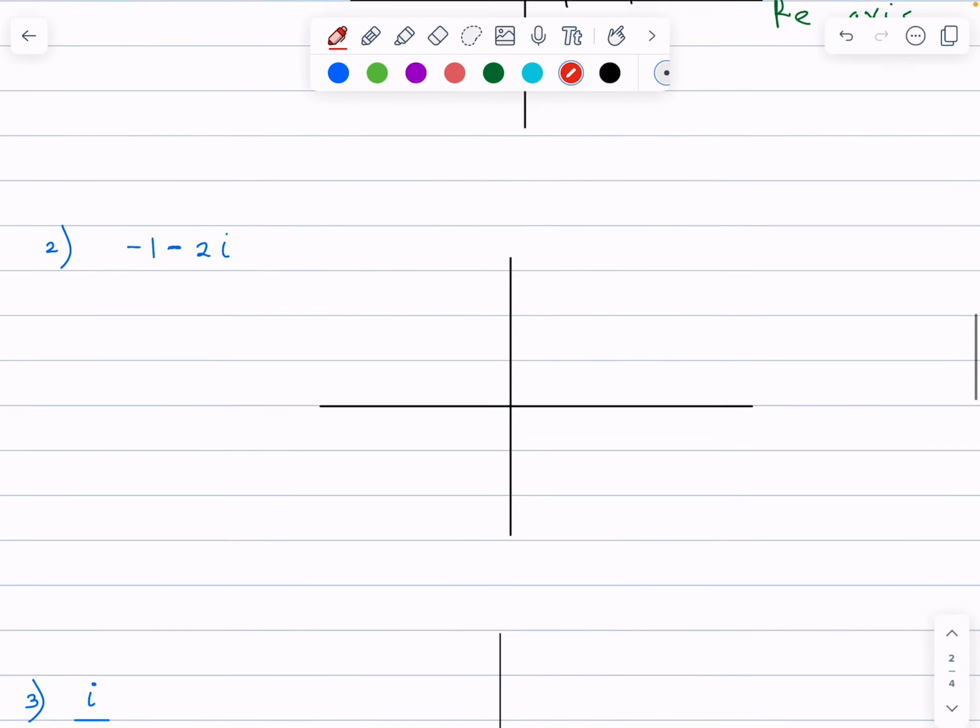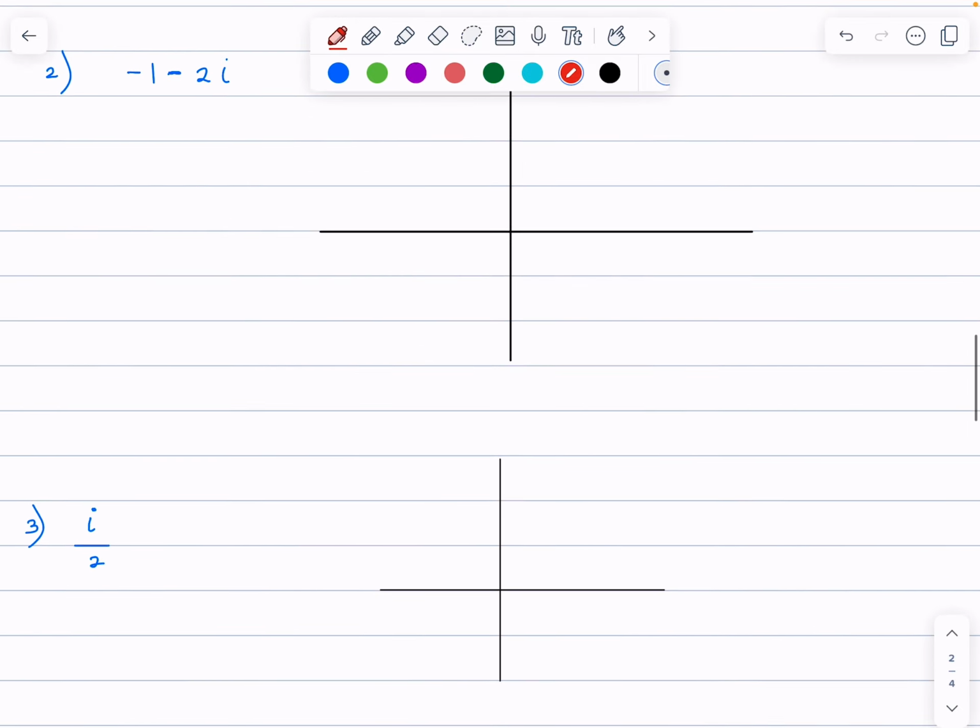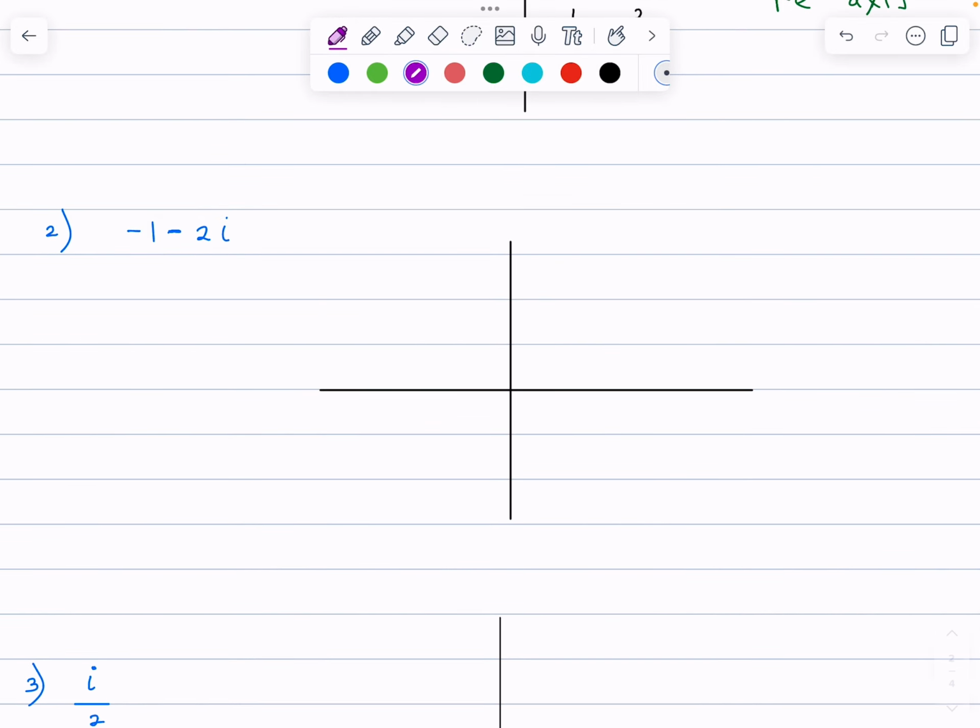So let's look at this. Just like I said earlier, this is the imaginary axis, and this is the real axis. I want to plot -1 - 2i. -1 is going to be on the horizontal axis.